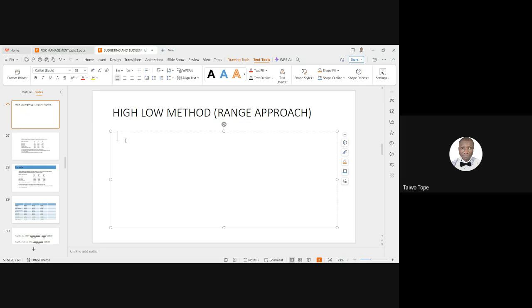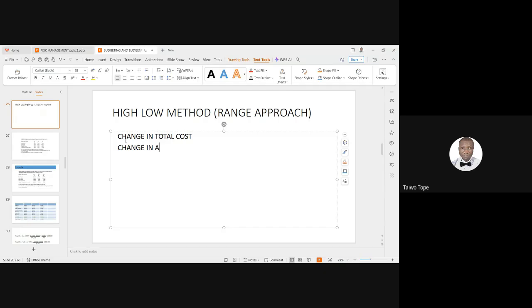So to use your high-low method, it is your change in total costs divided by what? Your change in activity.